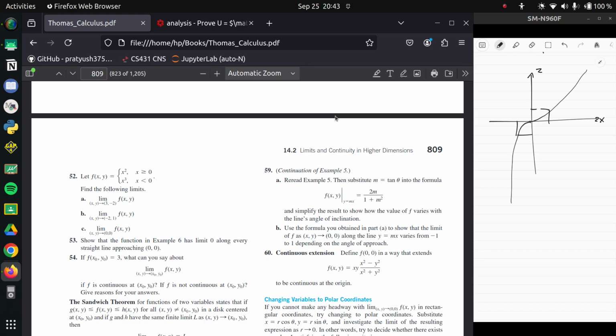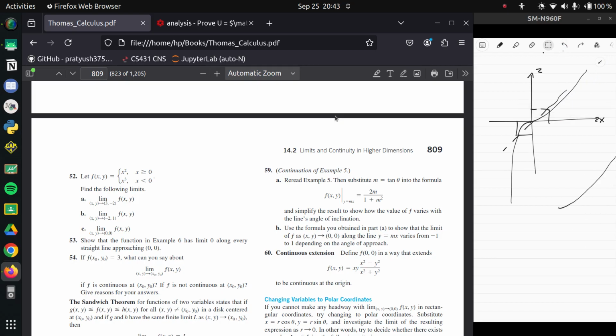We want to find the following limits as (x, y) tends to some point. So y, whatever it tends to, doesn't really matter, because essentially if you had to draw it, it would just be a bunch of these curves, something like that, if that makes any sense.